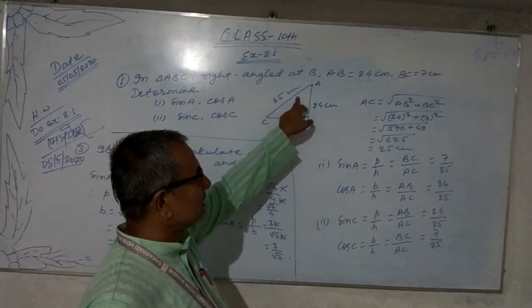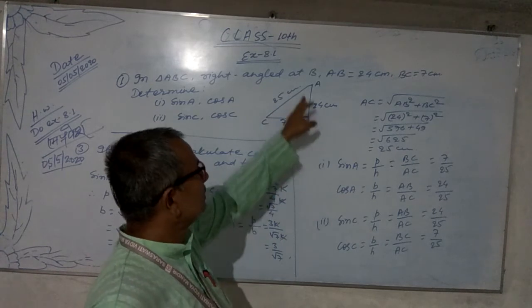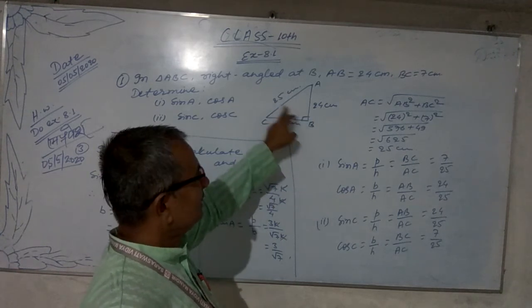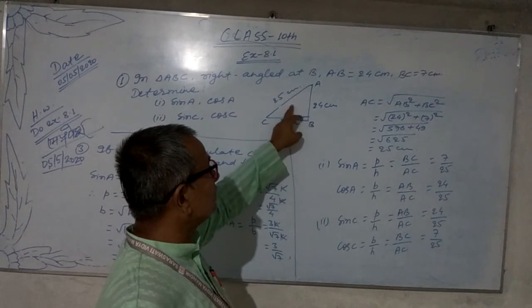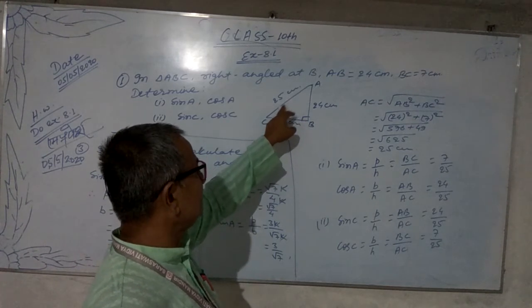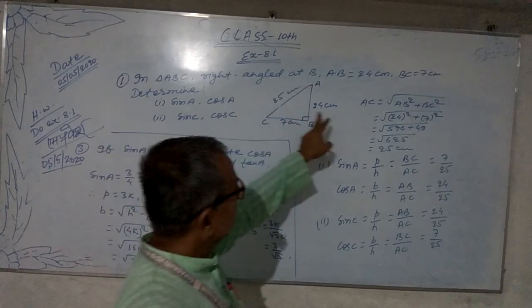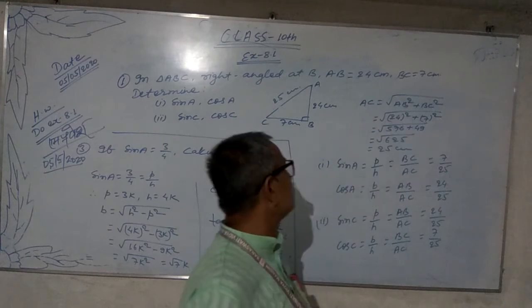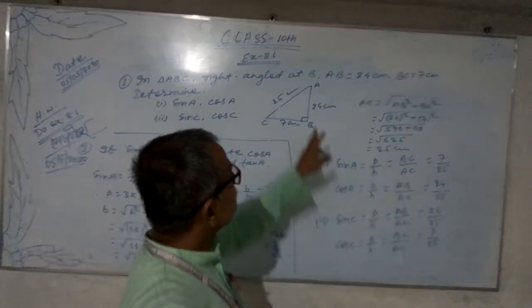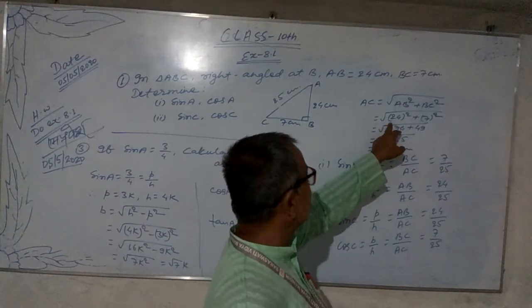By using the Pythagoras theorem, just as we have discussed before, AC, as we see that AC is in front of right angle, that's why AC is hypotenuse, and with the formula H is equal to root under P square plus B square, AC is equal to root under AB square plus BC square.